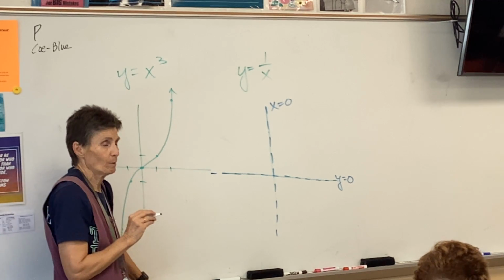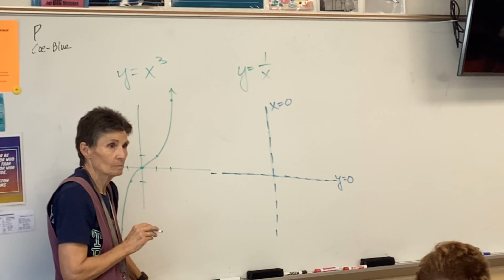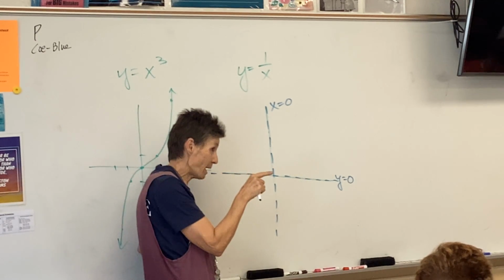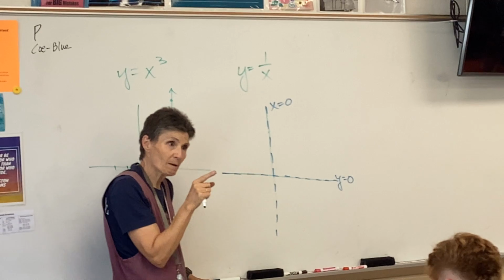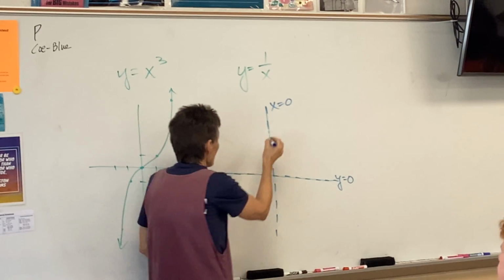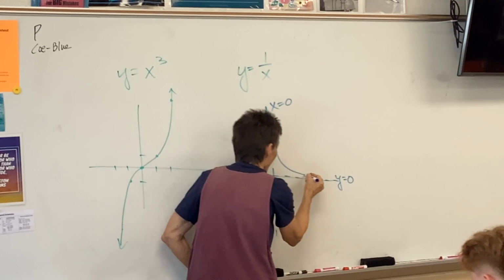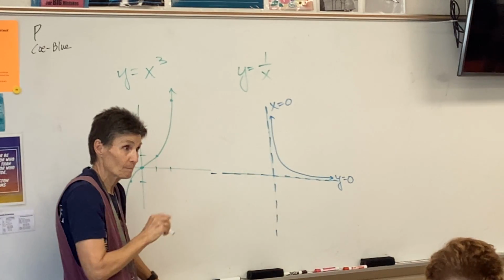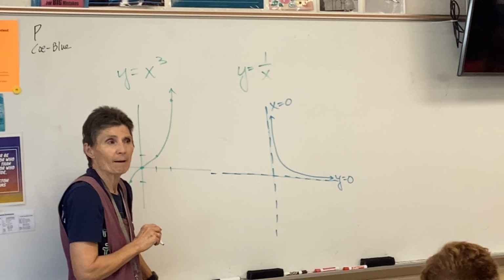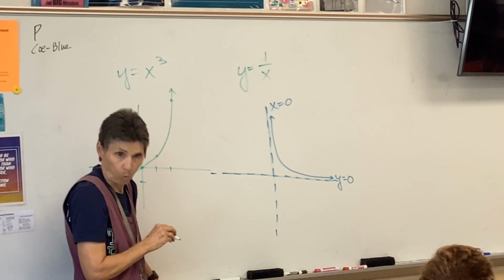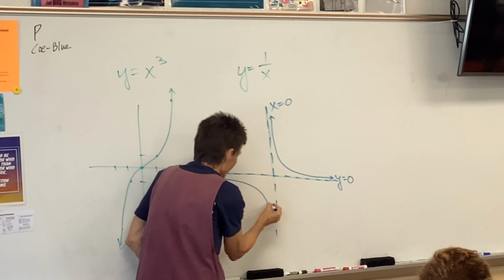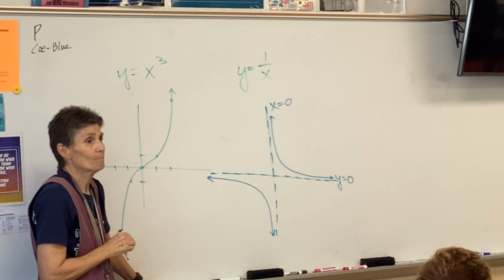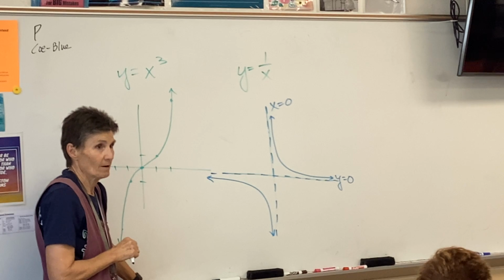Neither variable can be 0. However, if x is positive, won't y also be positive? So I'm going to have points in quadrant 1 where they're both positive. Where else am I going to have points? In quadrant 3 where they are both negative. So that is a picture of the reciprocal function.